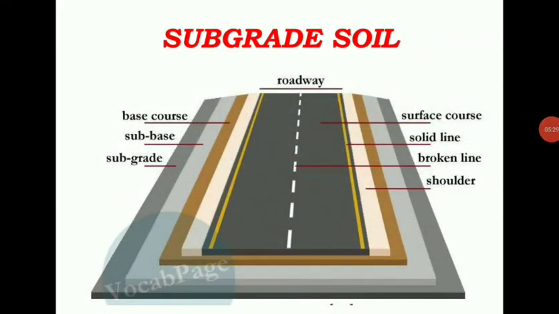Subgrade soil, which is an integral part of the road pavement structure, directly receives the traffic load from the pavement layers. The subgrade soil and its properties are important in the design of the pavement structure. The main function of the subgrade is to give adequate support to the pavement, and for this the subgrade should possess sufficient stability under adverse climate and loading conditions.